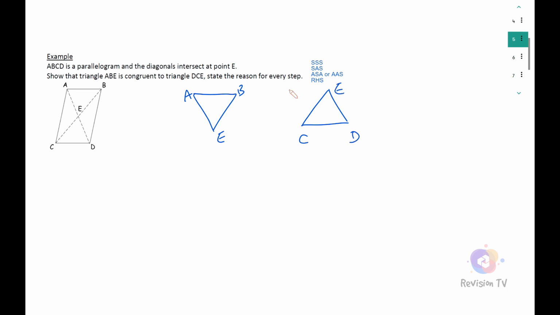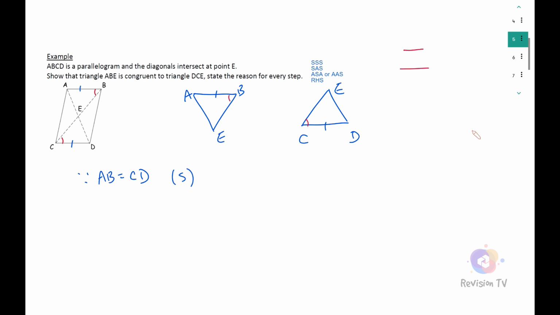Now, first of all, what we know is AB equals CD. So we can say because AB equals CD, so that's a side. So what we know is a side. What else do we know? We know angles in parallel lines are equal. So the alternate angles are equal. Think about it like this.